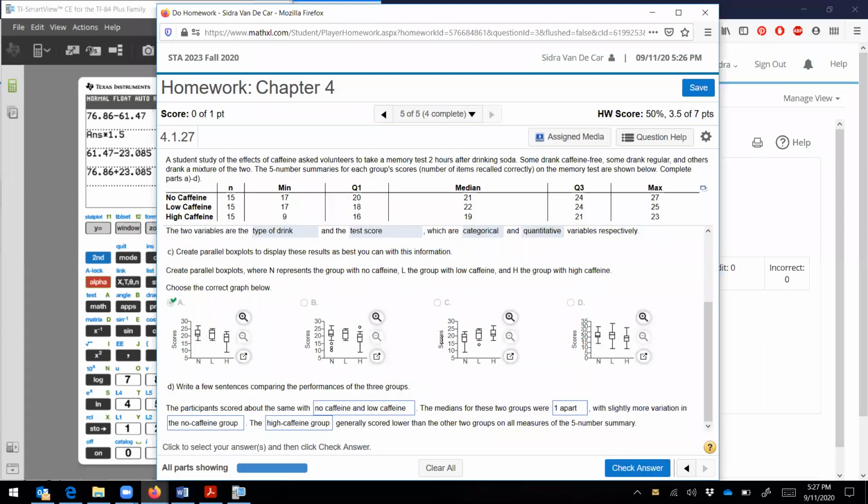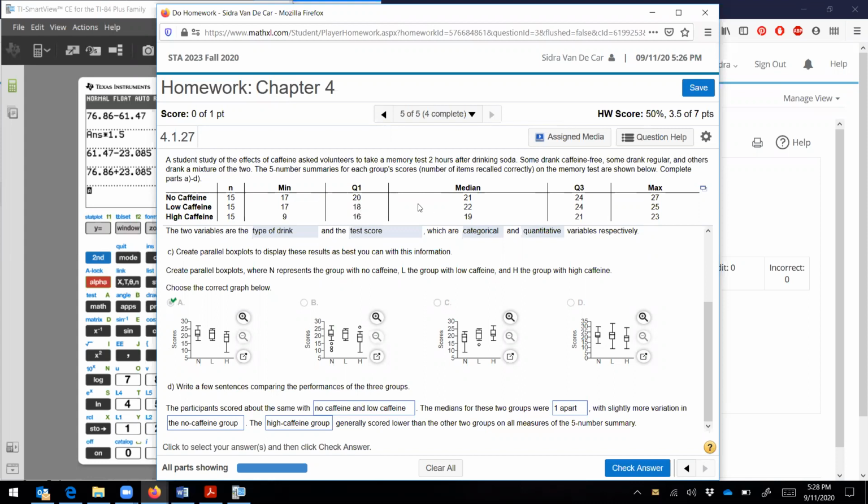Oh, what did we mess up? Let's see. One apart, right? Because we're going from 22 to 21. So this Q1 to Q3 gave me more variation in here, same minimum value, a little bit higher on the maximum here.